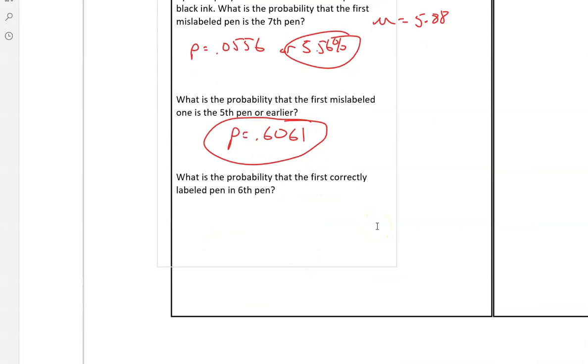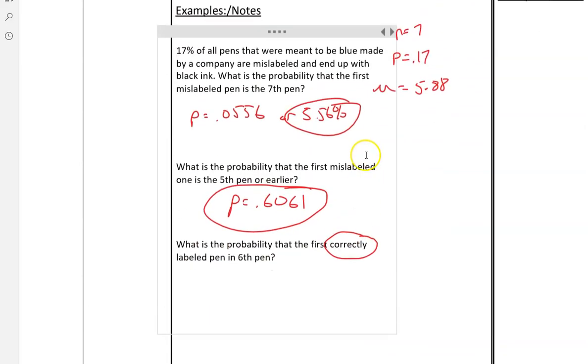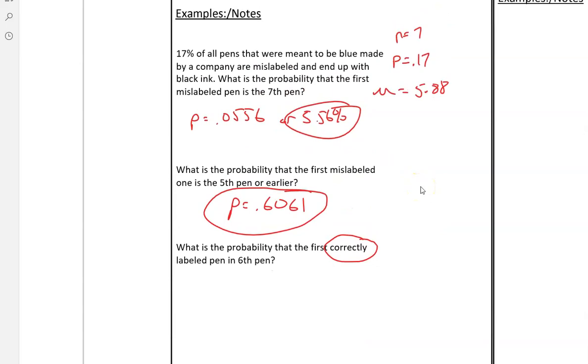Another type they could ask is, what is the probability that the first correctly labeled pen is the 6th pen? Watch, they said correctly labeled. So they mixed the probability up on this one. Correctly labeled would be P is 0.83, because mislabeled is 0.17, so I do 1 minus that, and I get 0.83. What is the chance that it is the 6th pen?